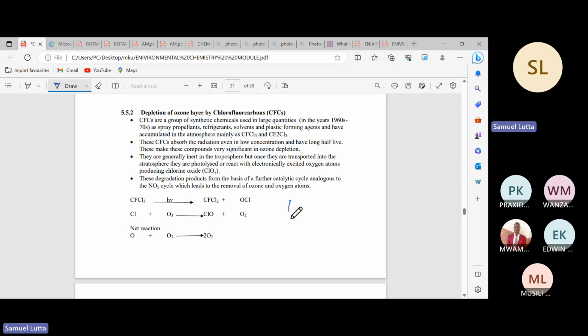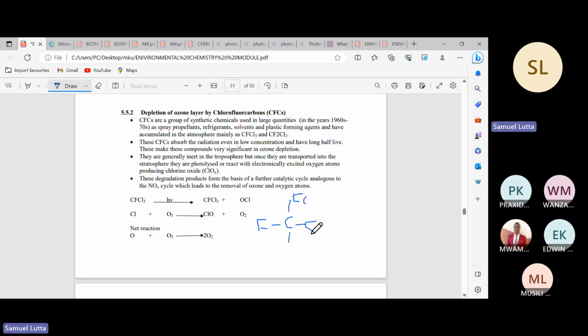So I think what we are saying here is you have that. On one side you have that. I'm just trying to explain that. And then the other bond is a Cl. Chlorine.